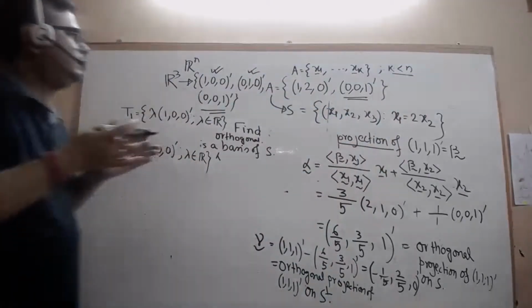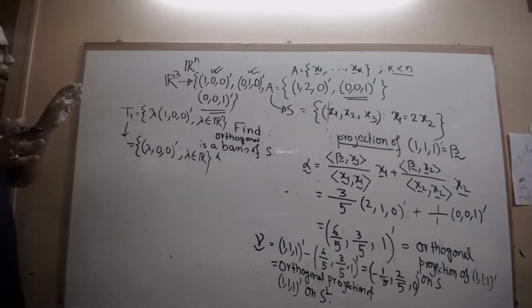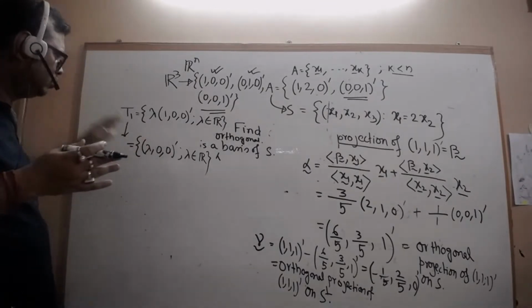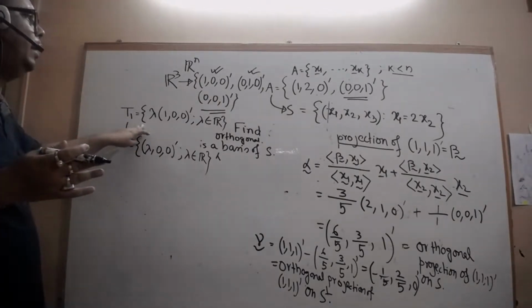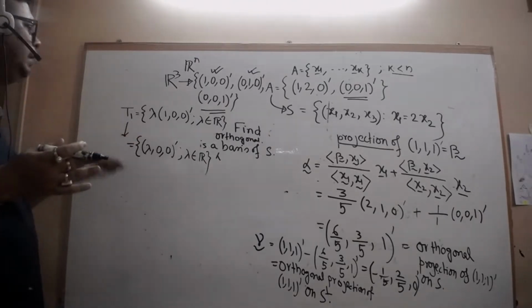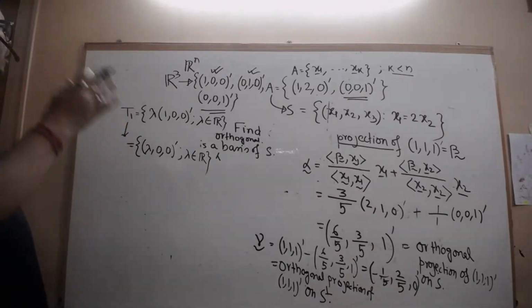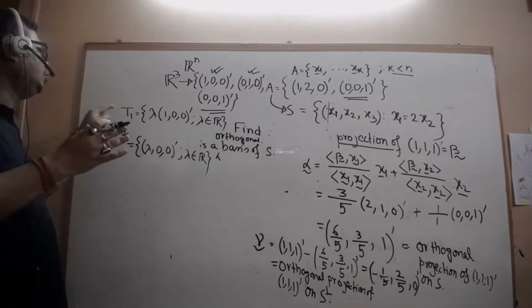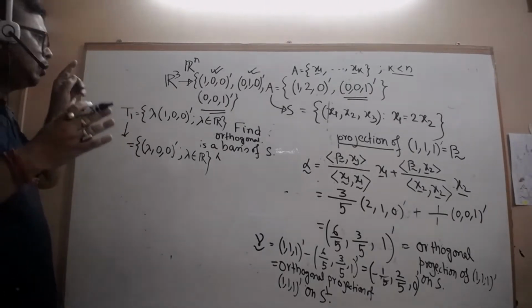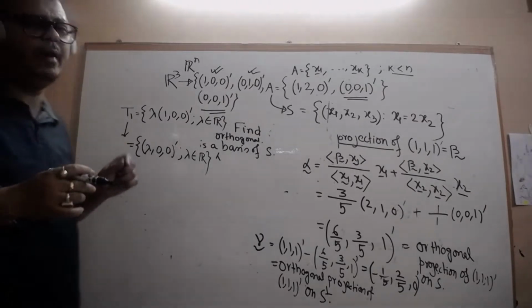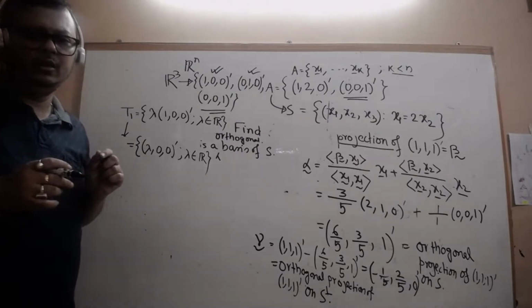So the complementary space of S, which I denote by T1, consists of how many vectors? N minus k vectors.